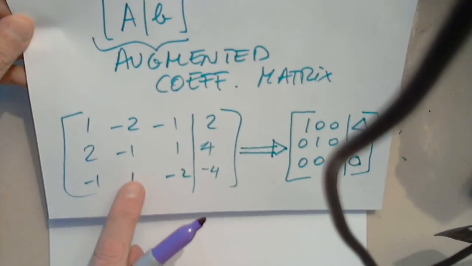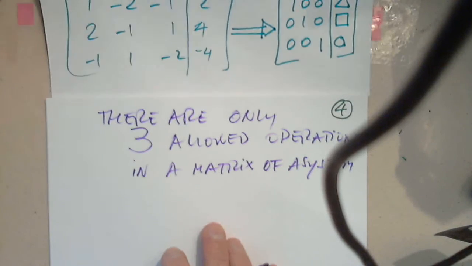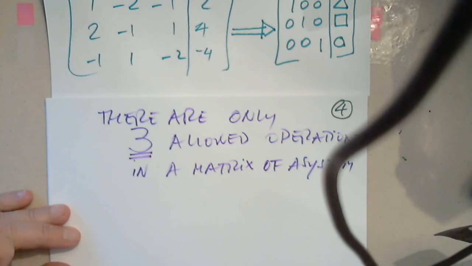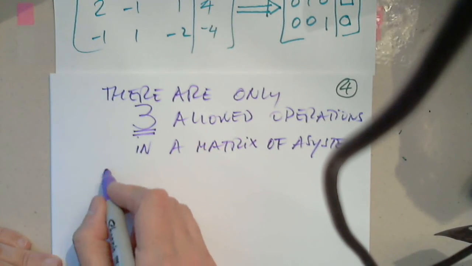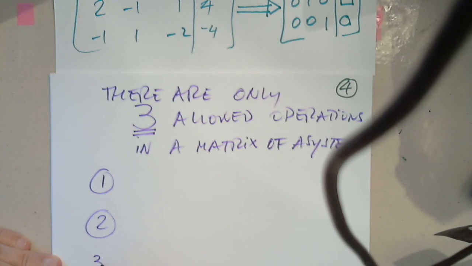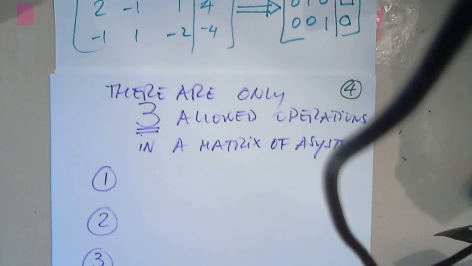On this one, we only are allowed to apply 3 operations. The first 2 are common sense. The third one needs me to dig up what I just put in the recycle bin to have it ready, because I need to show something from the previous lecture.